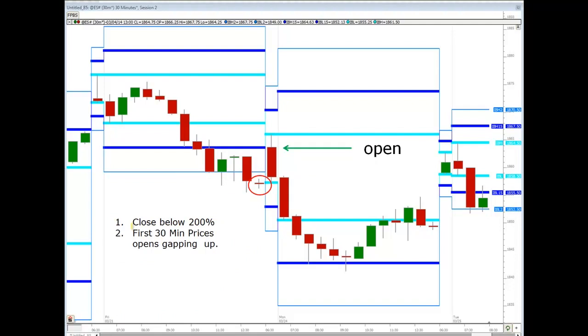Well, when we closed below the 200%, and that was a very bearish close, we come to find on Monday morning we open higher. So the first 30 minutes, prices open gapping up. Take a look at how much of a gap there is on the chart. A rather significant gap, if you will.